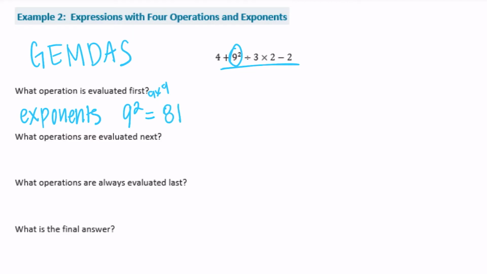What do we evaluate next? So after we have it as 4 plus 81 divided by 3 times 2 minus 2, next I'm going to look left to right because all we have is addition, subtraction, multiplication, or division. So I'm looking for any multiplication or division problem from left to right. The first one I come across is 81 divided by 3.